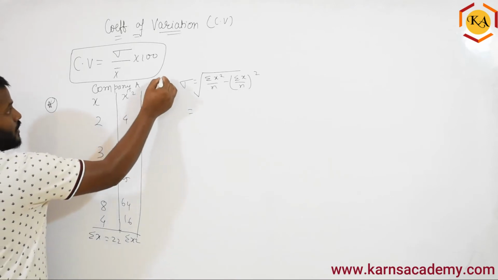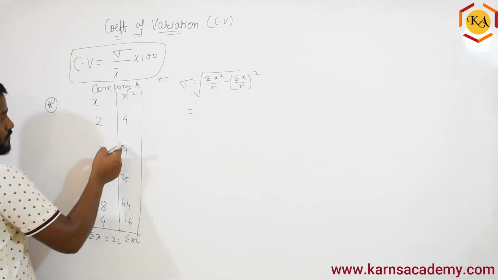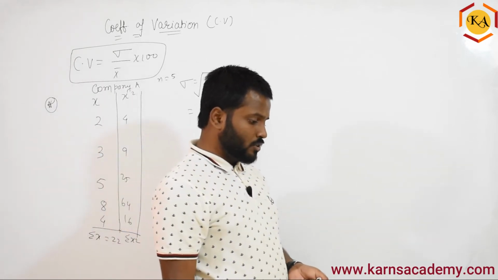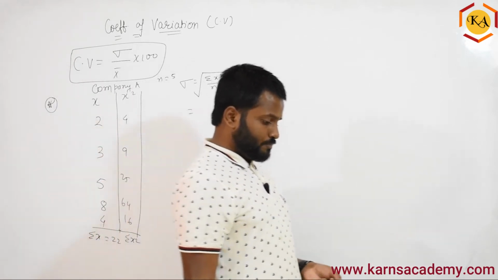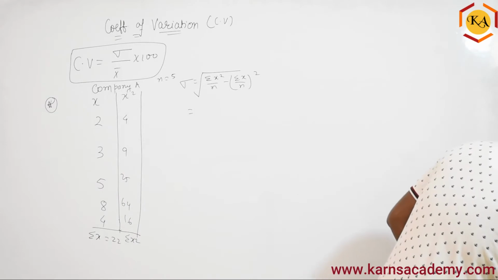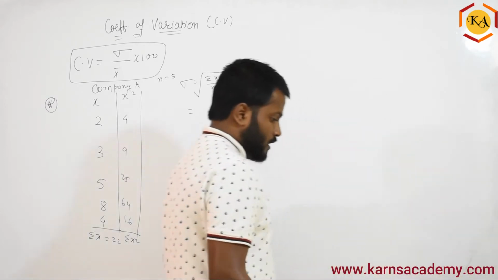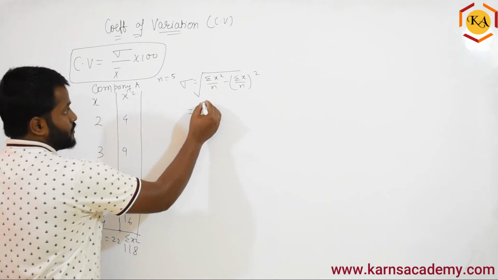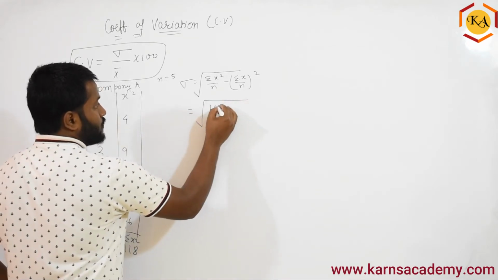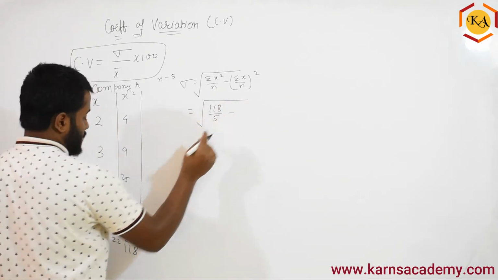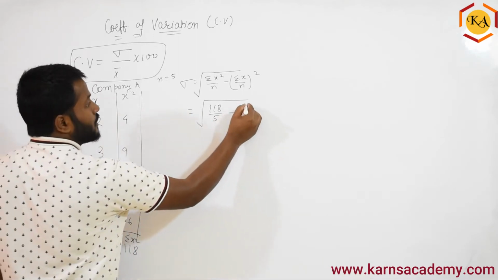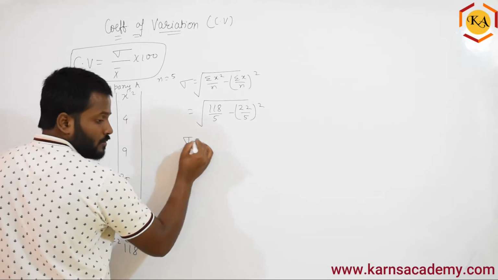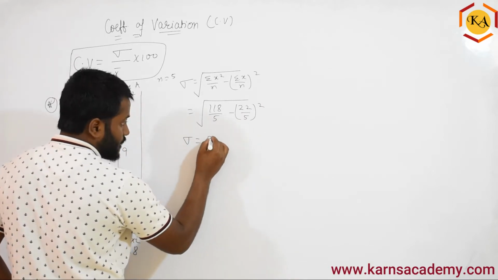What is your n value? n is 5. So the standard deviation will be 118 by 5 minus x bar, which is 22 by 5, the whole square.